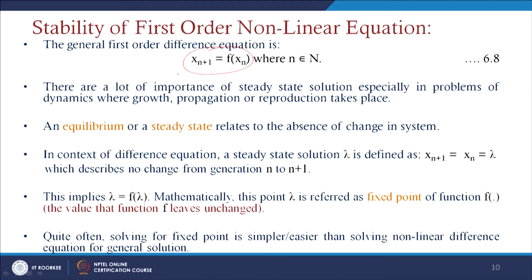This implies that lambda equals f of lambda. Mathematically, this point lambda is referred to as a fixed point of a function. The function takes the value and its value does not change. Quite often solving for a fixed point is easier than solving a nonlinear difference equation for general solutions.